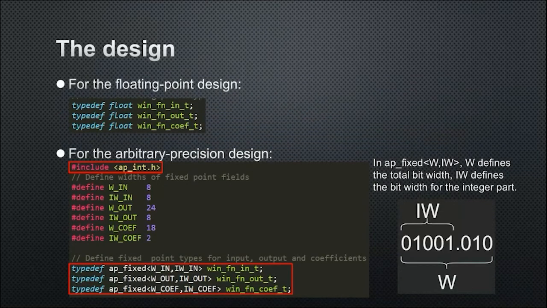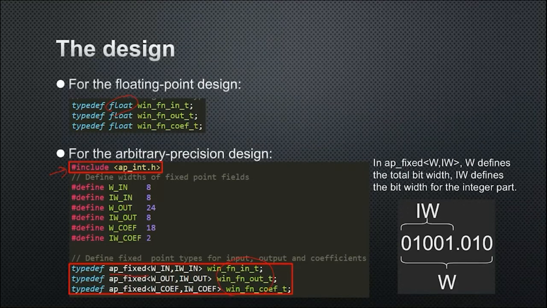For the floating point design, we use the float in C++. And if we want to use arbitrary precision data types in the design, we have to first include these header files. And then we define this data type using APFix.